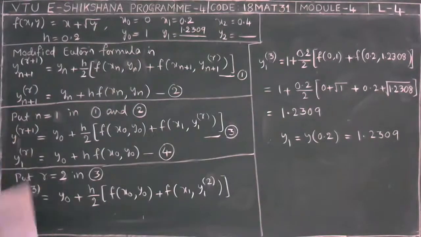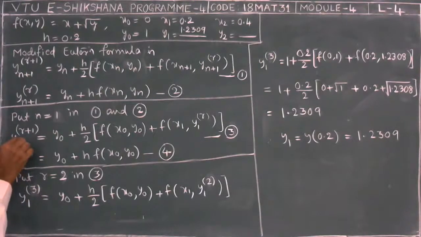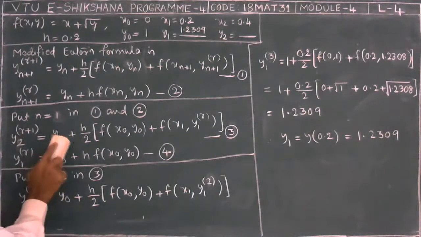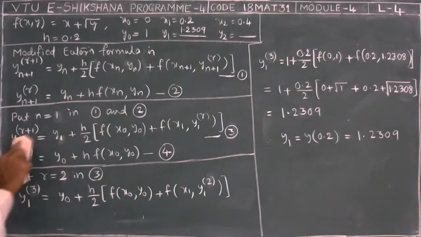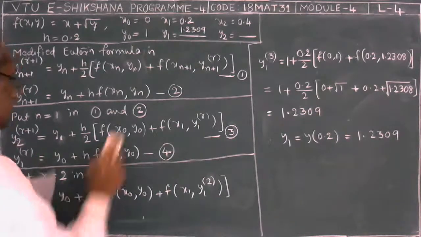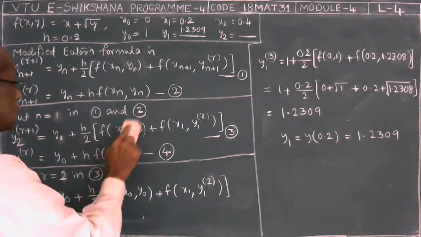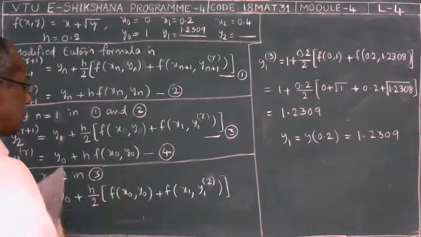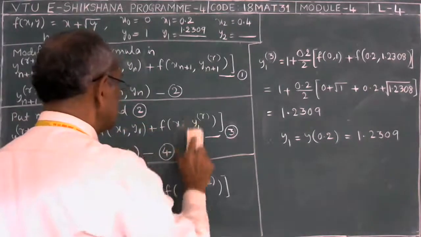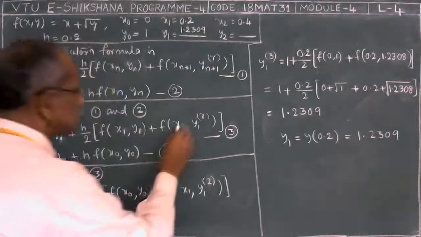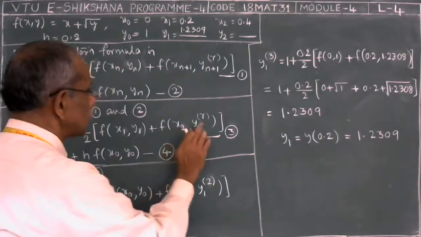When n is 1, 1 plus 1 is 2, and we get y1 and y2, with x1 comma y1.